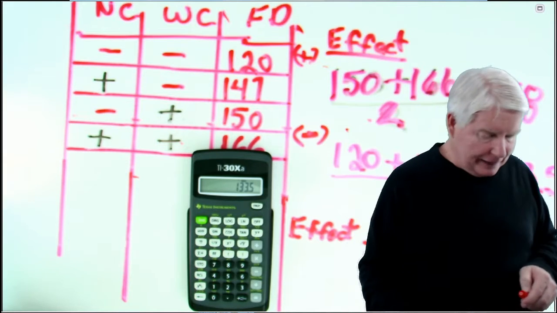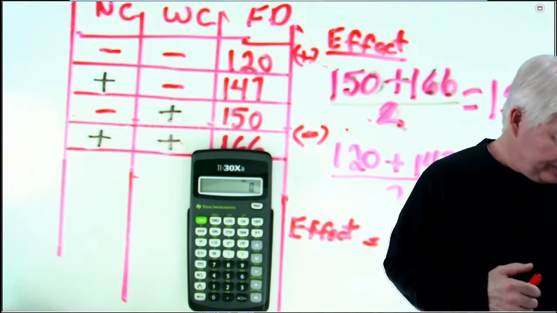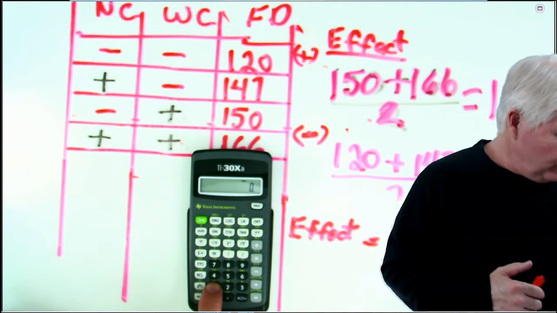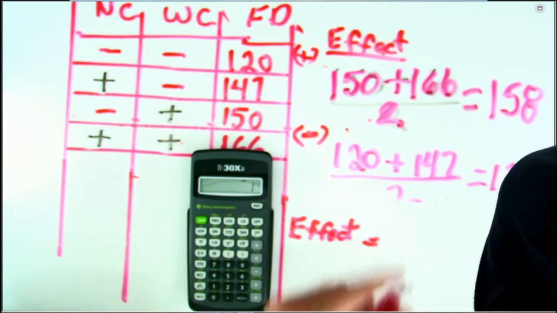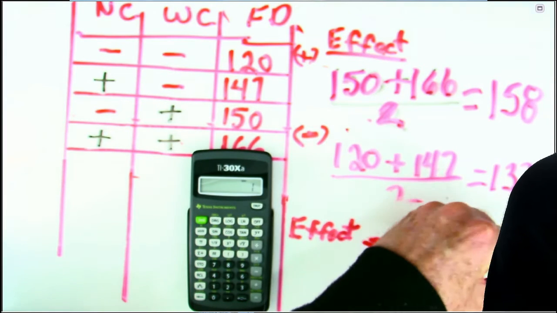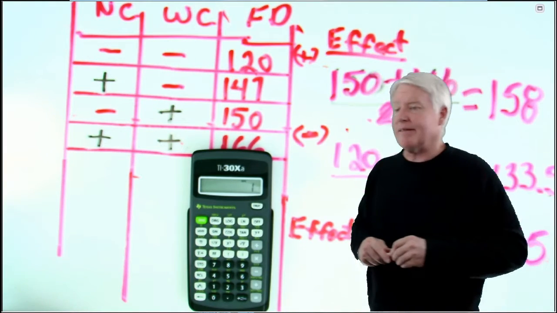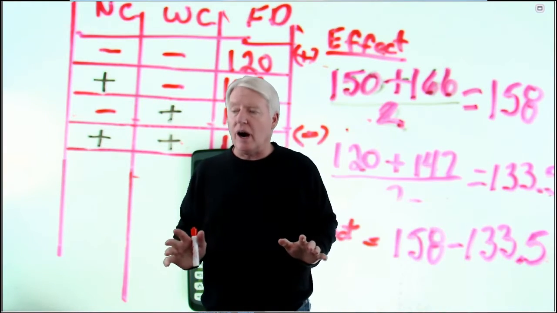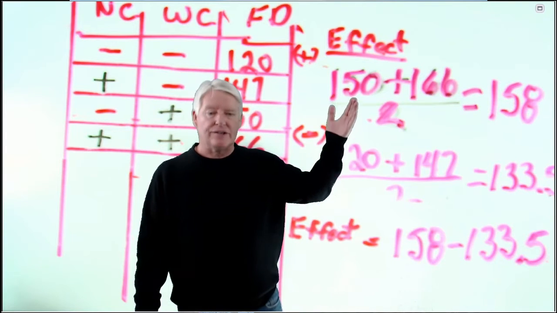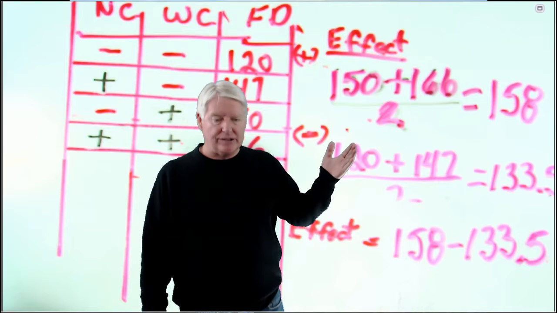Now let's subtract these two averages to get the effect of wing condition. So 158 minus 133.5. Now, if it's a negative effect, you need to record it as such. You always need to take the positive and subtract the negative average from the positive average.